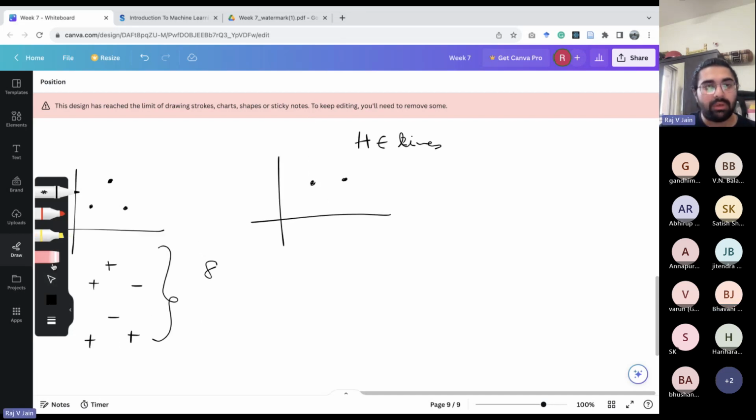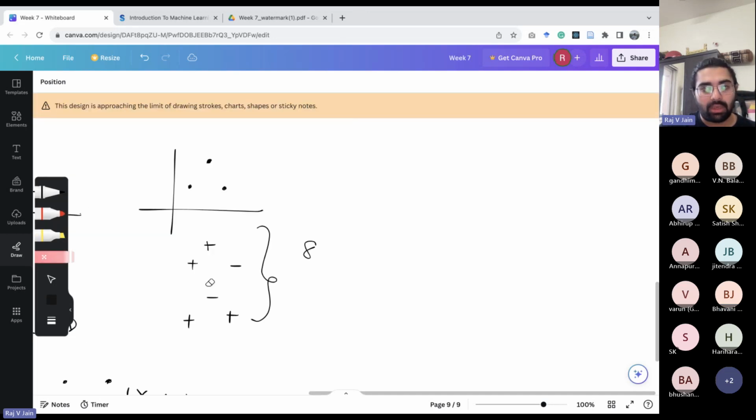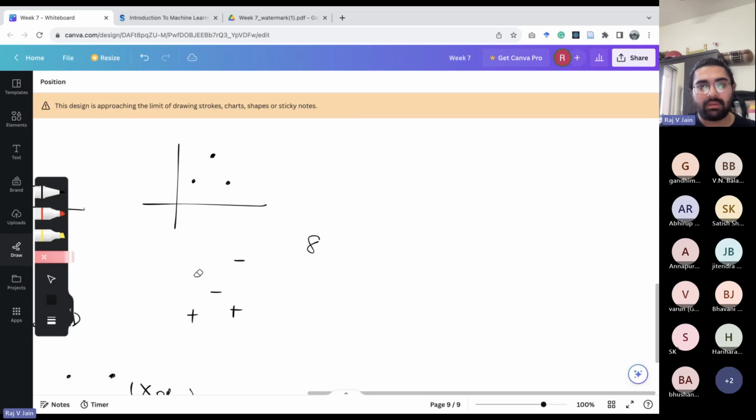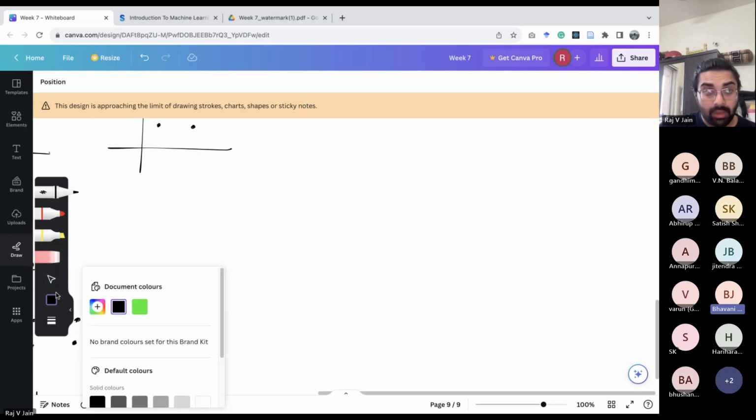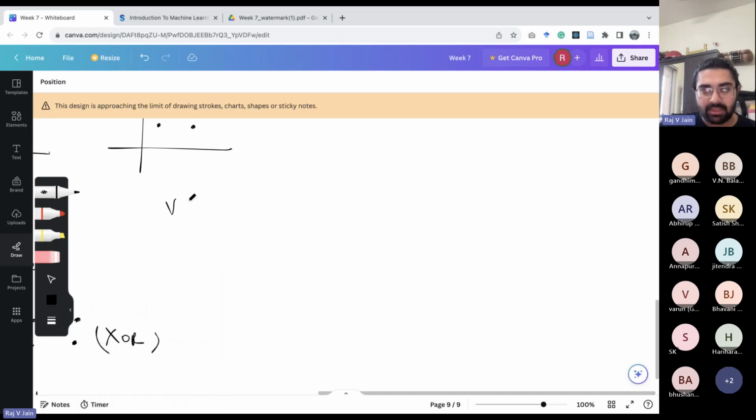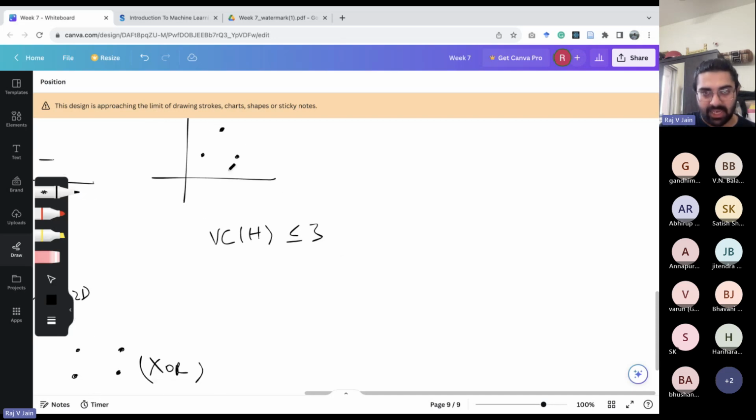No. Okay, so there are two things here. Because what I'm saying is, if it is greater than, it means it is satisfying 4 also, but for 4 it doesn't work. That is what I was a little confused about. No, so VC of H is greater than or equal to 3 because of this condition.